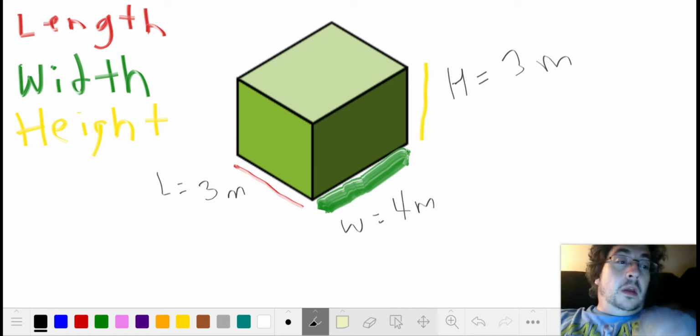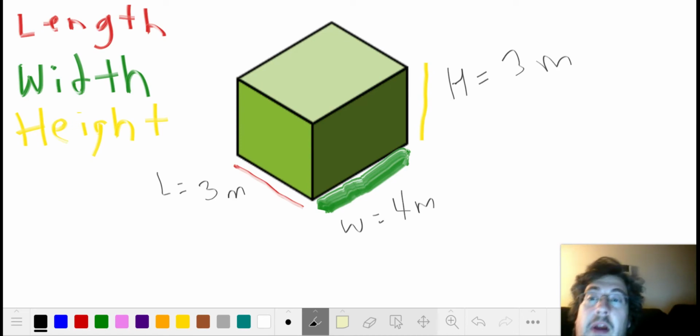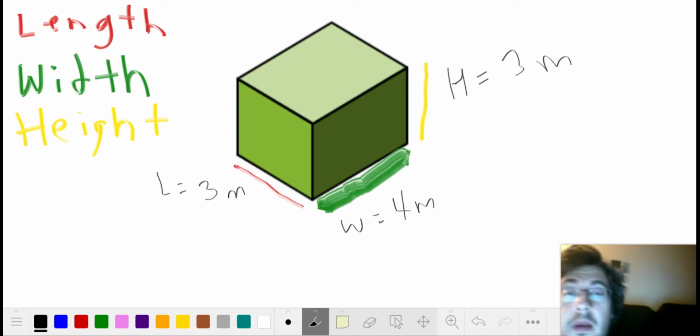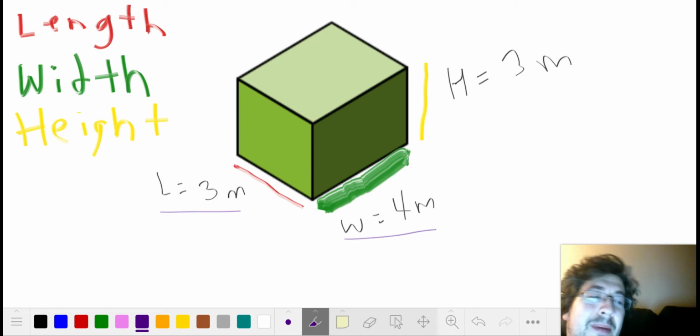Okay, so what we're going to need to do in order to find the volume here is multiply our length, our width, and our height. So if I multiply my length and my width first, and remember, it doesn't matter which order you multiply your numbers in because of the commutative property. So it doesn't matter what numbers we multiply first.